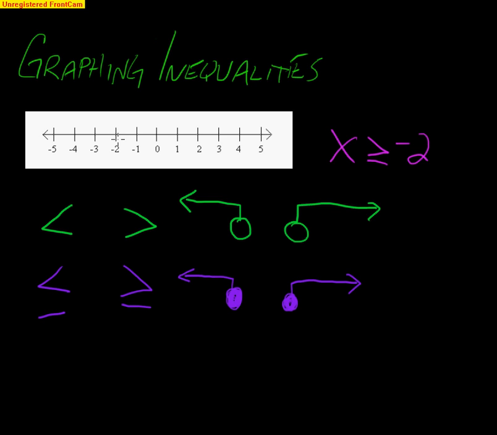I say, is it an open circle or a closed circle? Real quick solution to that. Does it have an equal sign underneath that inequality sign? Yes, it does. So I'm going to fill in my circle, because I'm including that, and it says x is greater than. So if I just look at the number line, what's greater than -2? -1. Yep. -3 is less than, so I definitely want to go in this direction here.